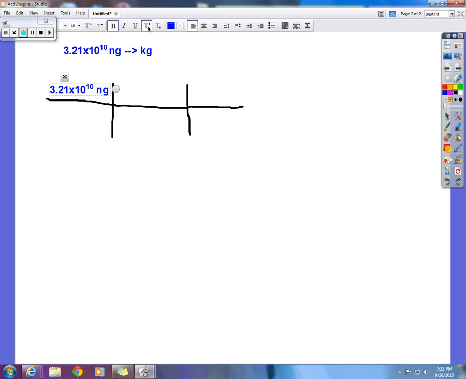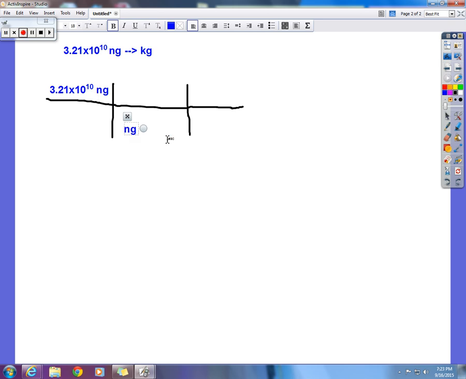So we're starting with 3.21 times 10 to the 10 nanograms, and I need to get to kilograms, but I am always going to convert back to my base unit. And so I'm going to convert back to grams, or my non-prefixed unit in the case of mass, because kilograms is technically the base unit. So I'm going to convert back to my non-prefixed unit, which means that I'm going to put nanograms on the bottom here, because I know that I need to get them to cancel out.